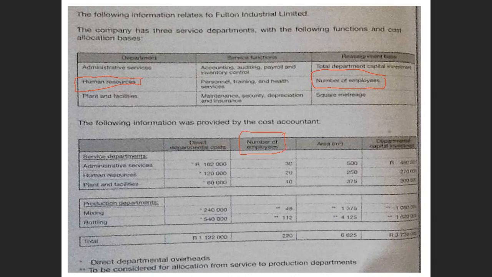So you're going to say then that of these total employees that are listed out here, how many belong to mixing and how many belong to the bottling department. So here you can locate the mixing and bottling departments at the bottom. This is saying to you that 48 employees belong to the mixing department and 112 employees belong to the bottling department.